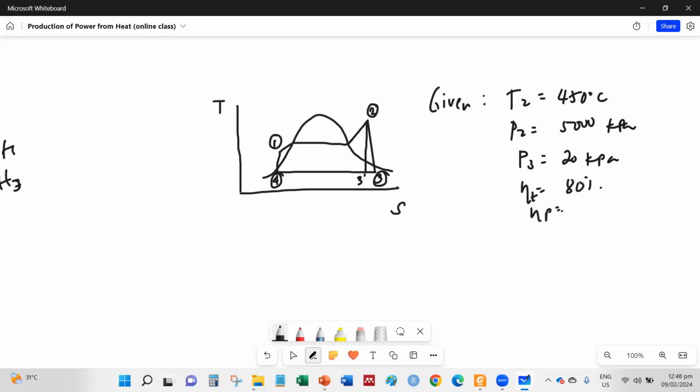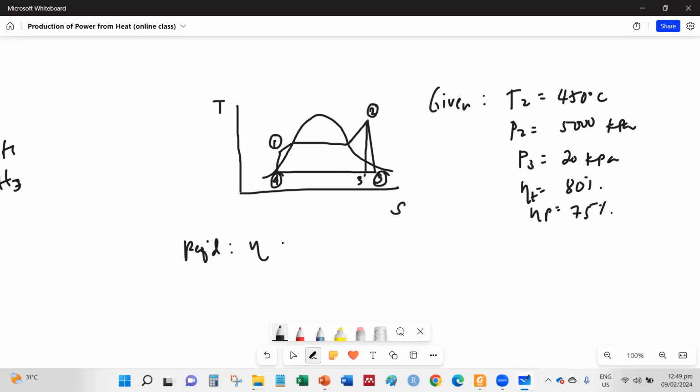Efficiency of the pump is 75%. Next is what is required: the efficiency of the entire cycle.